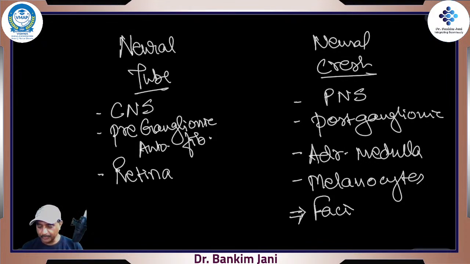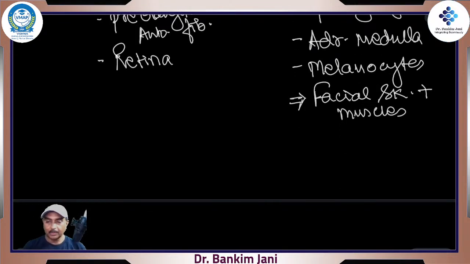So facial skeletal plus muscles. Let me write it in one different color because it is a vital point. Brain is covered by pia matter, arachnoid matter, and the dura matter. Correct?